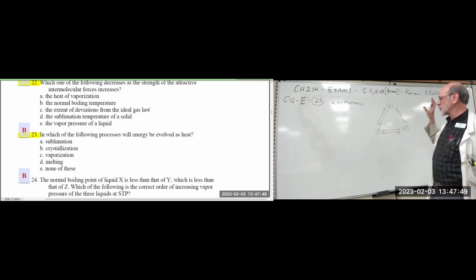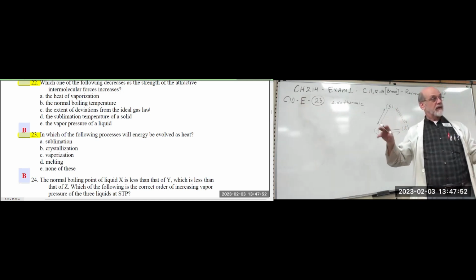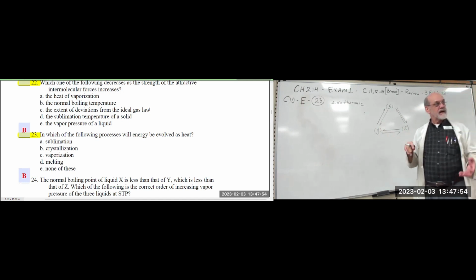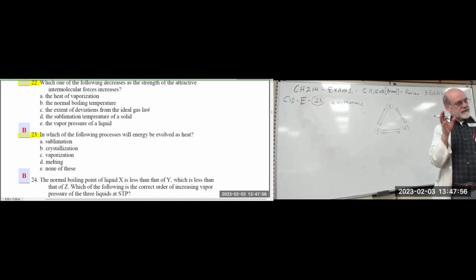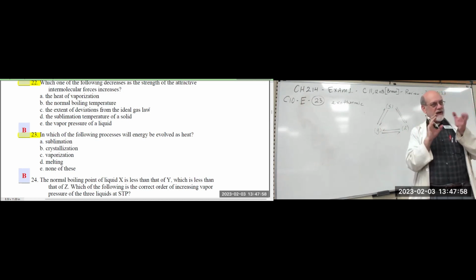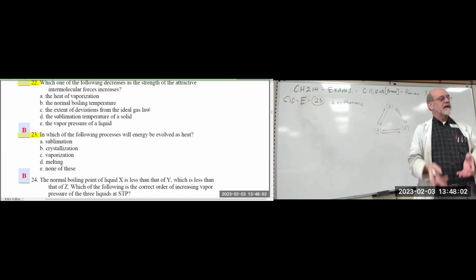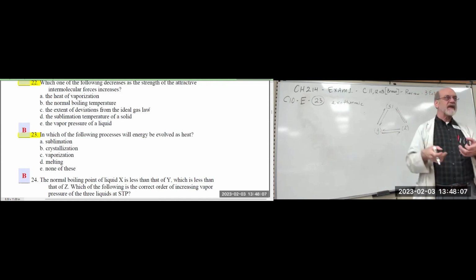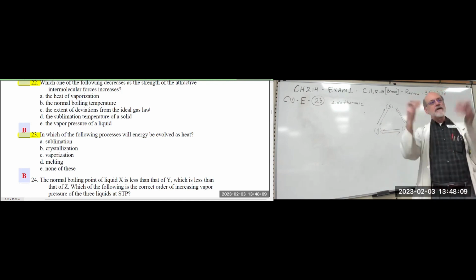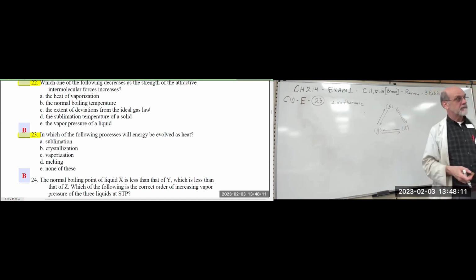Under which one of these would be exothermic? If the substance becomes more organized, it's lower energy and gives up heat. So if you go from gas to liquid, give up heat. If you go from liquid to solid, you give up heat. That's exothermic.